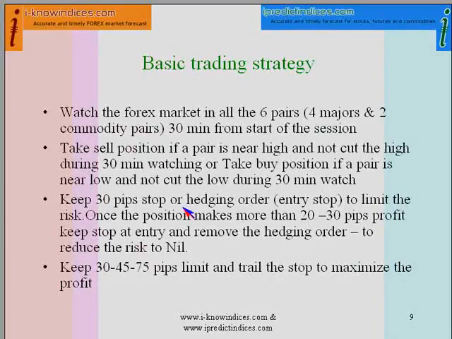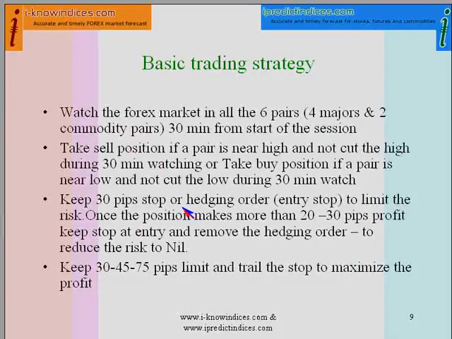In case the market goes against you, if euro rises, then obviously your euro sell position will be making a loss. In that case, your buy order kept in the euro cross will be filled and that will also make a profit. As a result, whatever loss you come across in the euro sell position, a corresponding amount of, or less than, 30 pips of profit will be shown in the hedging order.